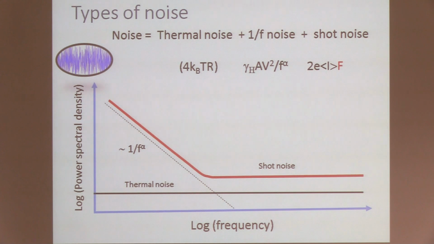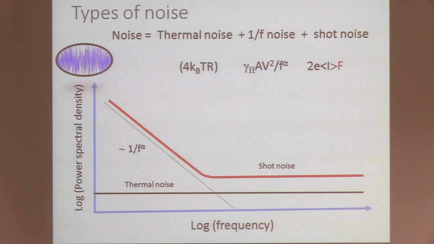I'll come to the origin of shot noise. Shot noise is proportional to 2eI, the average current, so if you increase the current, the shot noise increases. So we are interested in this shot noise. In fact, I have worked on 1/f noise in graphene field effect transistors during my PhD work, so if someone is interested, I can discuss.